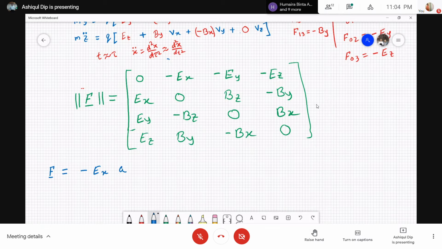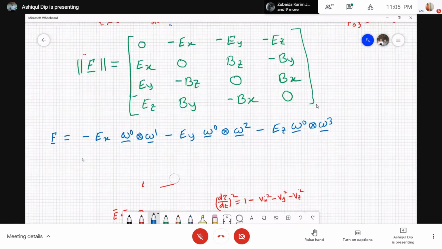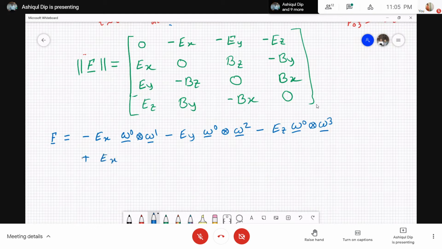Then minus Ey omega 0 times omega 2. Then minus Ez omega 0 times omega 3. Then plus Ex omega 1 times omega 0.